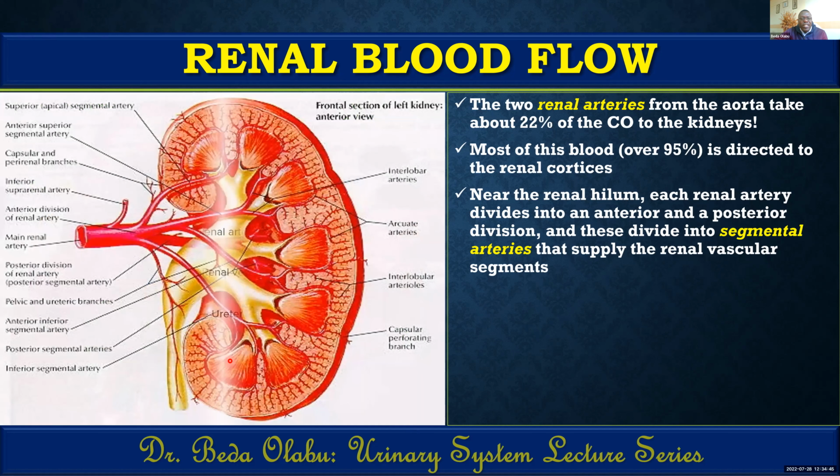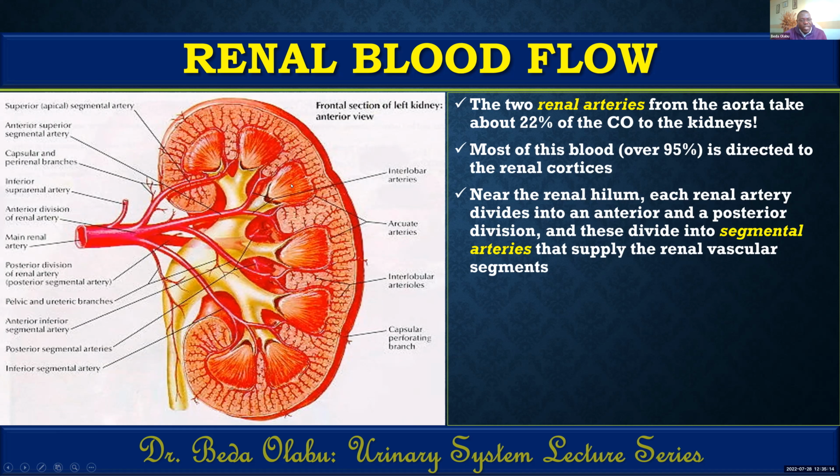The segmental arteries then divide, as we can follow from here. Let me change that pointer so that you can see better. If this is the renal artery, and these are the divisions and the segments, let's take this to be a segmental artery. This segmental artery gives you arteries that run between the pyramids.